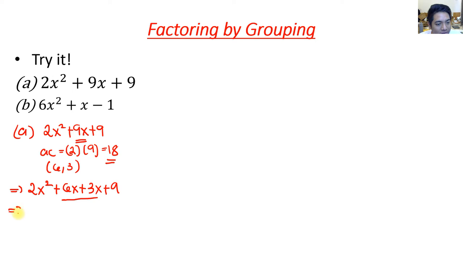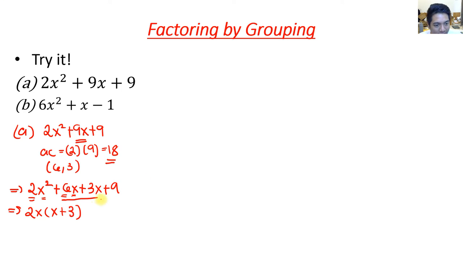So you factor out 2x from the first two terms, because they are common. You have 2x, and then x plus 3, because 2x times x would be 2x squared and 2x times 3 would be 6x.